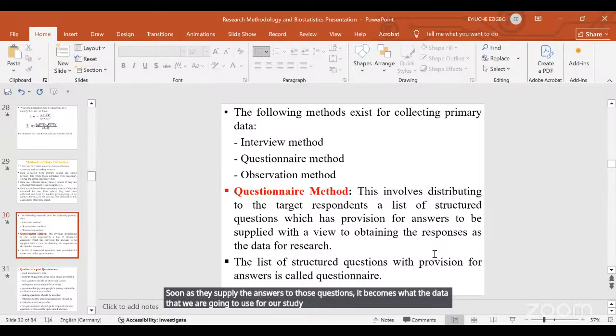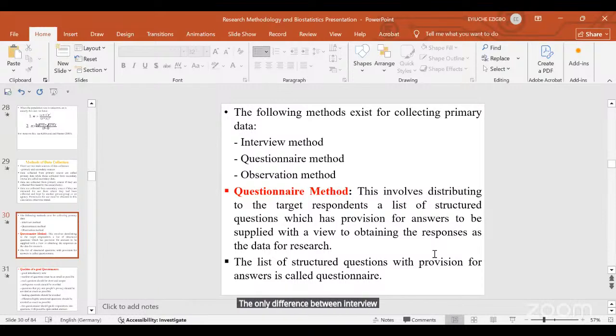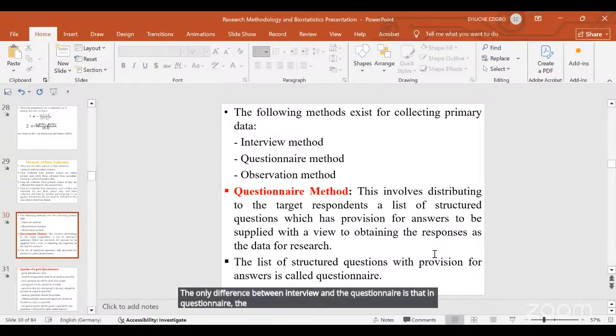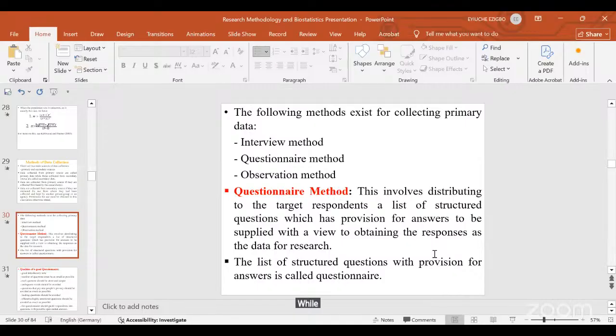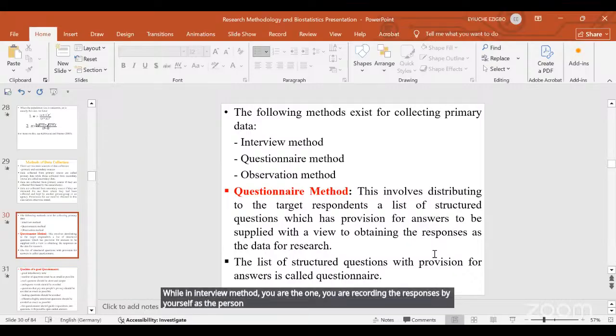Such is a questionnaire. The difference between interview and questionnaire is that in a questionnaire, the person supplies the responses by himself or herself, while in the interview method, you are the one recording the responses by yourself as the person is speaking. I hope it's clear.